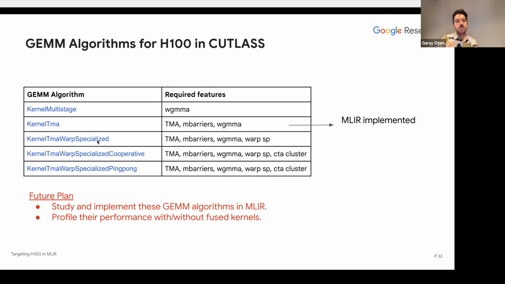Then Cutlass has warp specialization, and also warp specialization with the CTA cluster. So if we can implement this warp specialized kernel, then we can have the same performance as Cutlass. But again, I am doing all the work writing everything in the NVGPU dialect, so I don't have any transformation from high level lowering to the NVGPU dialect yet. So that's going to be another future work.